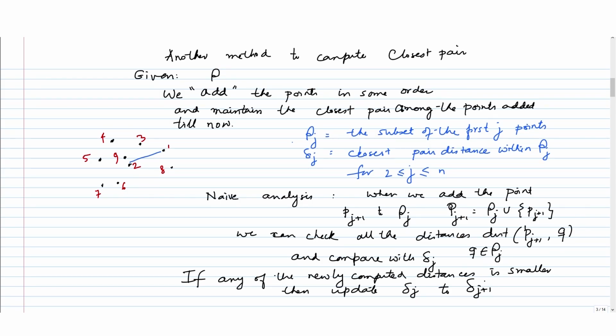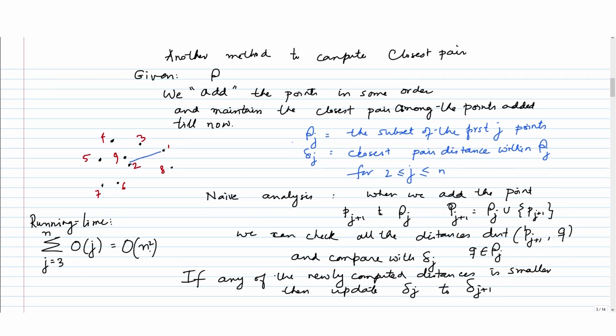So the running time is going to be the summation of order j, for j equal to, let us say 3, because I am adding from the third point all the way to n, and this is order n square.